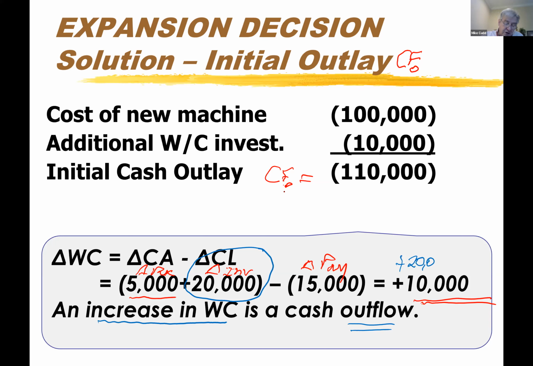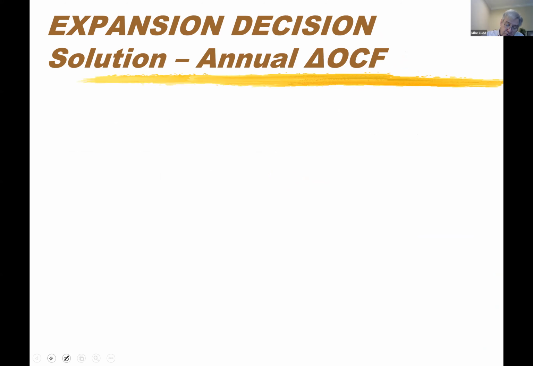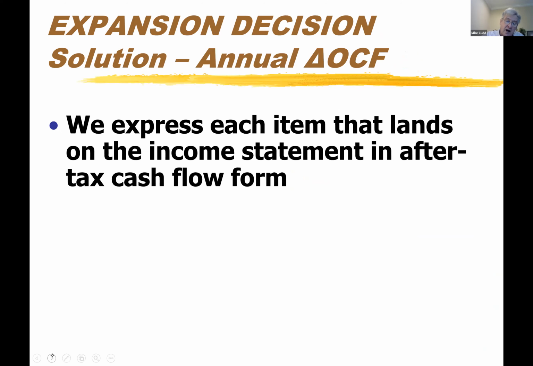Now for the next segment, which are the annual cash operating flows. What we want to do is express every item that lands on the income statement in after-tax form.